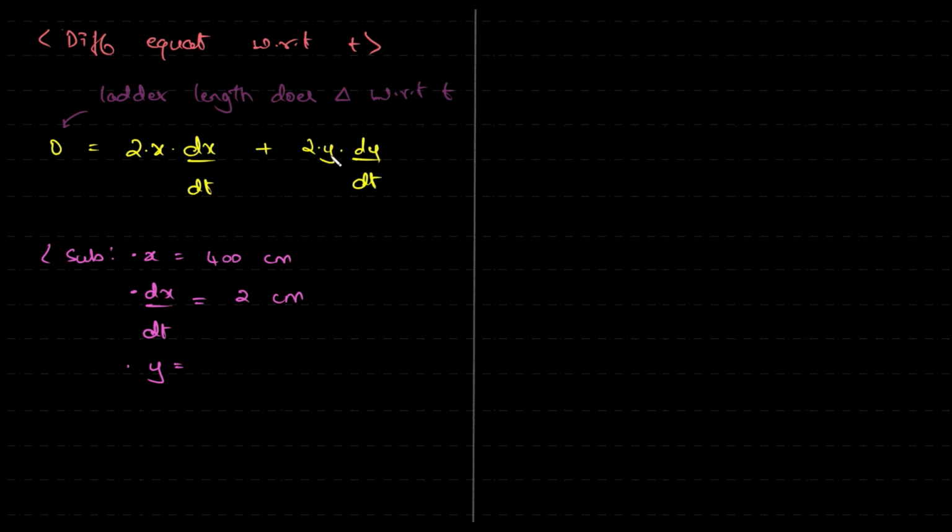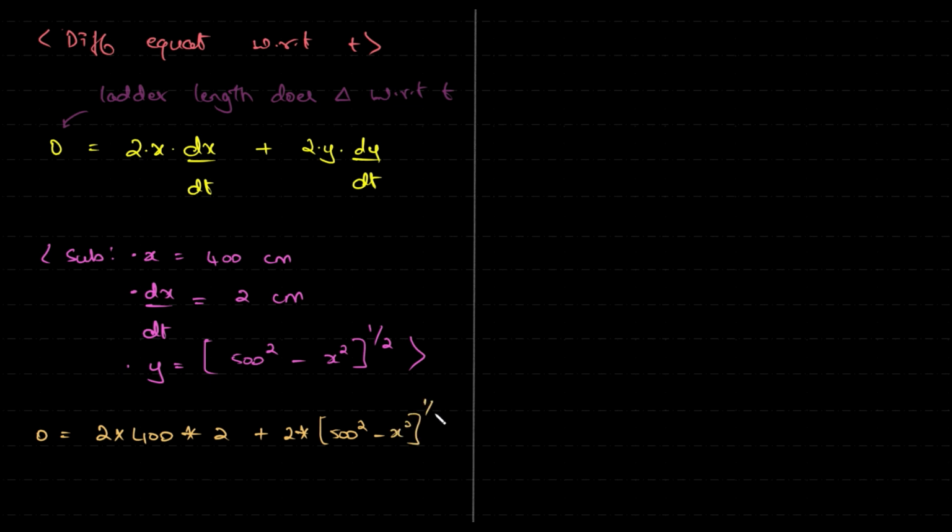We need to find dy by dt, that's okay, but what will I substitute for y? Yes, the square root of 500 square minus x square, from the Pythagoras theorem, right? And so finally we have 0 equals 2 into 400 into 2, plus 2 into the square root of 500 square minus x square, into dy by dt.